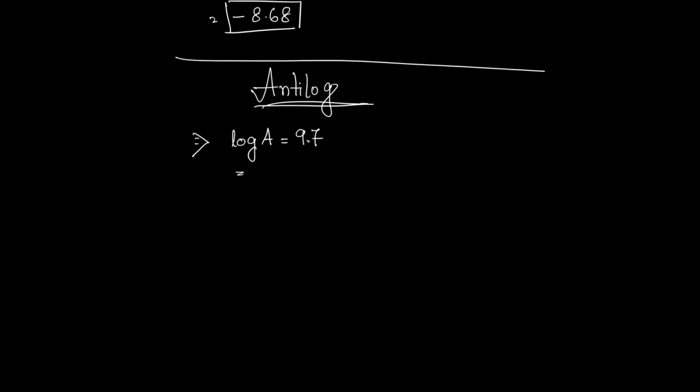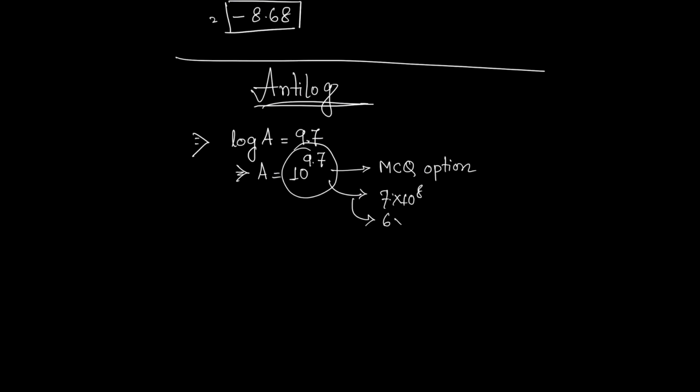So we have to get the answer as A. So A would be 10 to the power 9.7, but this will not be given in your MCQ options. MCQ options will be in different formats, like 7 into 10 to the power 8, 6 into 10 to the power 6, this kind of format, which you will not get just by putting 10 to the power 9.7. So you have to derive it.